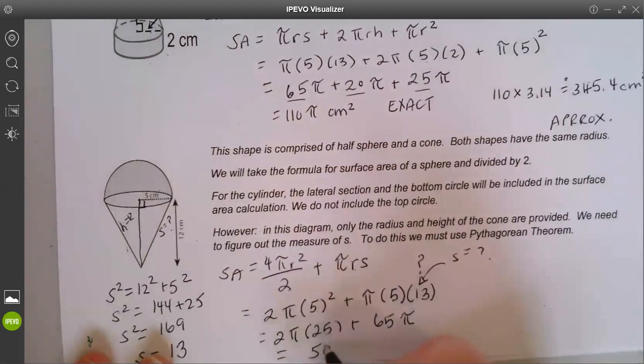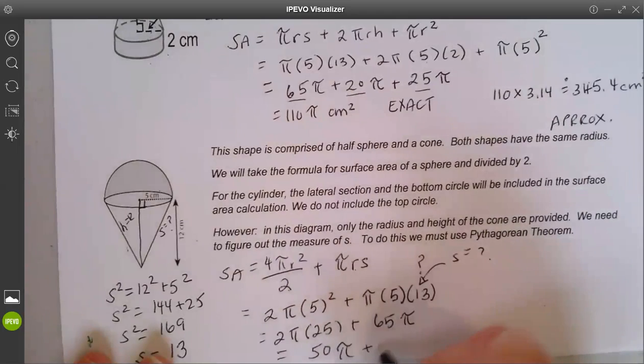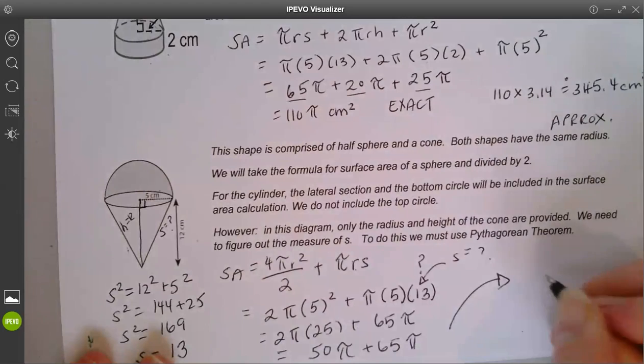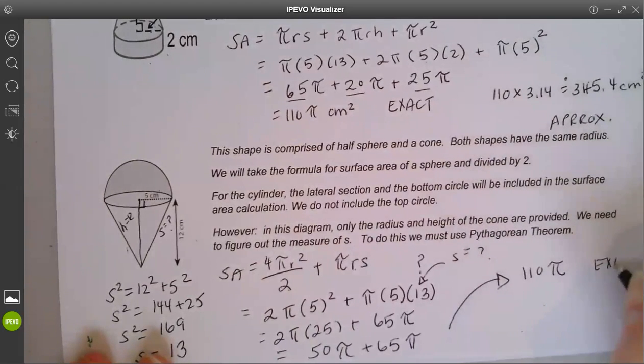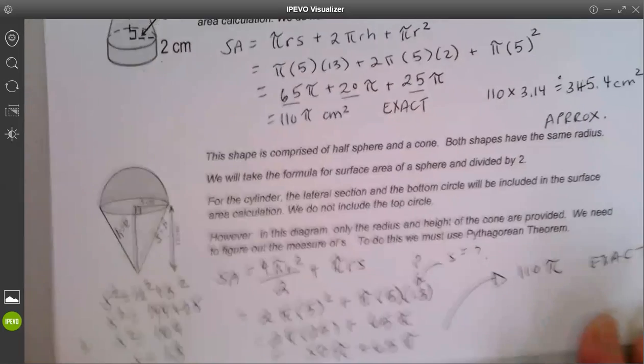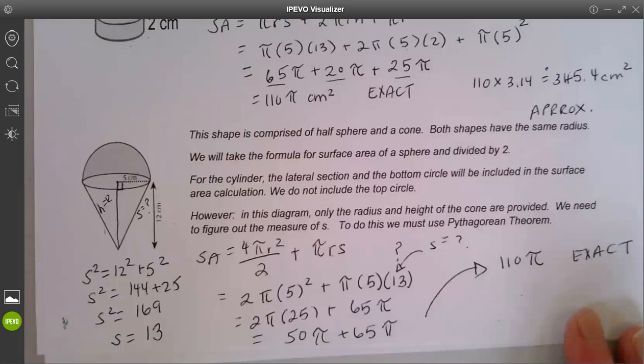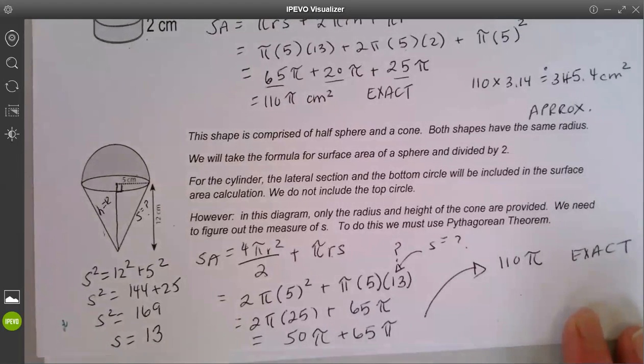That's going to be 2 times 25 is 50 pi, 65. And when we add those together, we get 110 pi. And that's our exact answer. And then we have to multiply that. It's interesting, we got the exact same answer as the one up above. That is just entirely a coincidence.